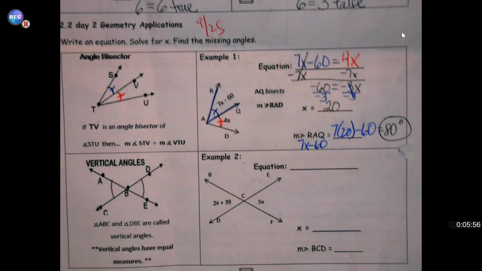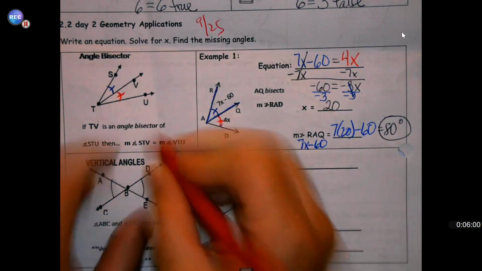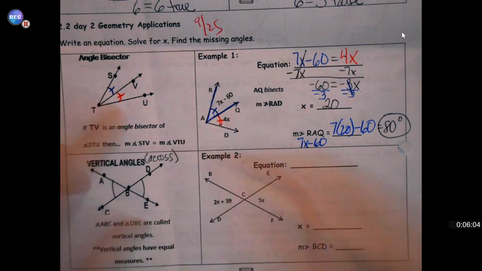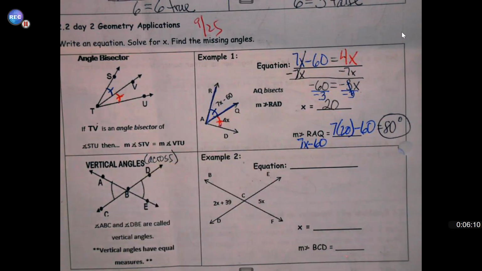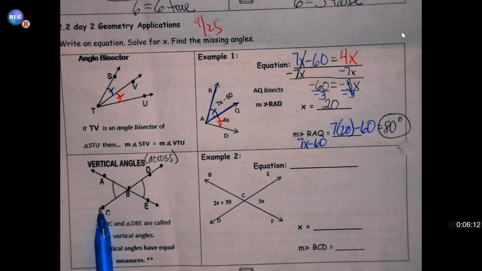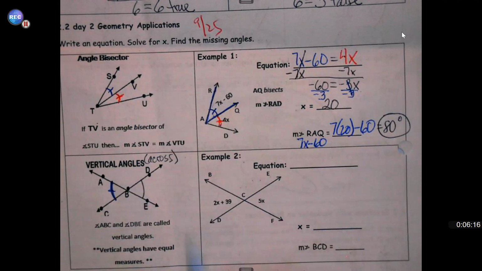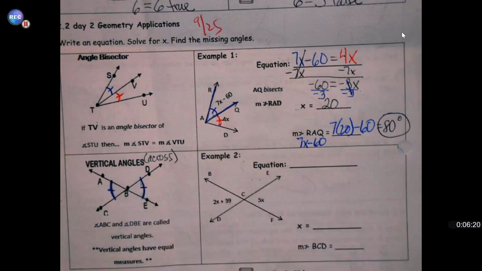My other one that we're going to run into is what are called vertical angles, which means they're across from each other. So in this instance, angle ABC, this angle, and angle DBE, this angle, would be vertical. They would be the same.